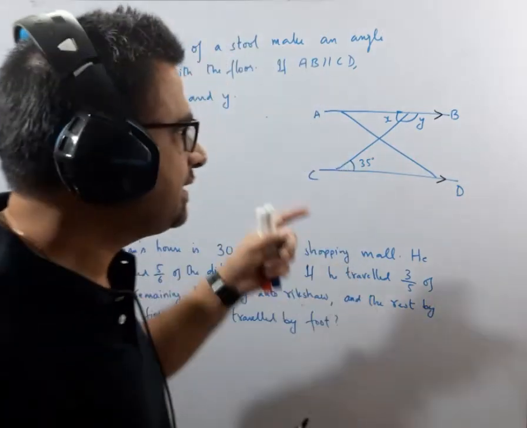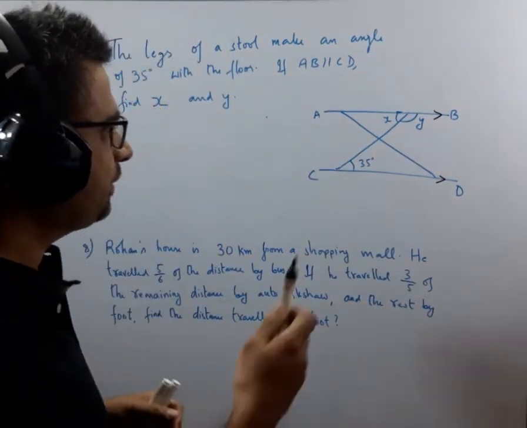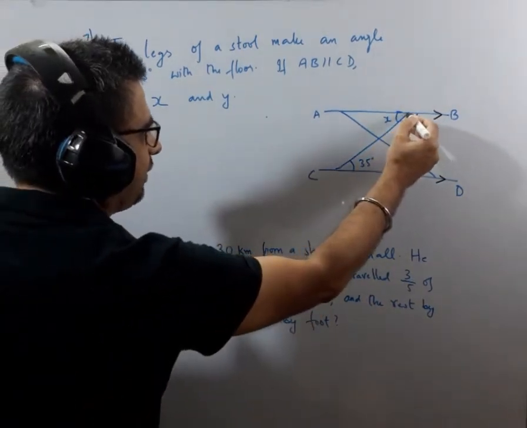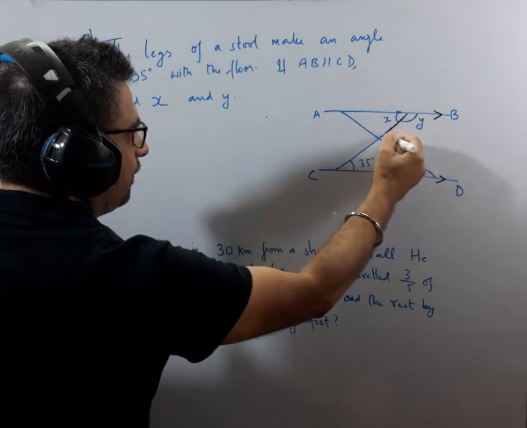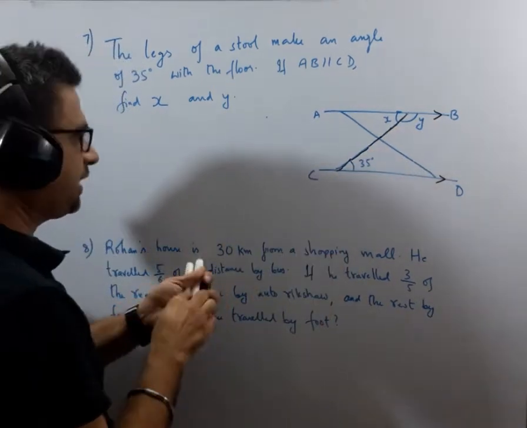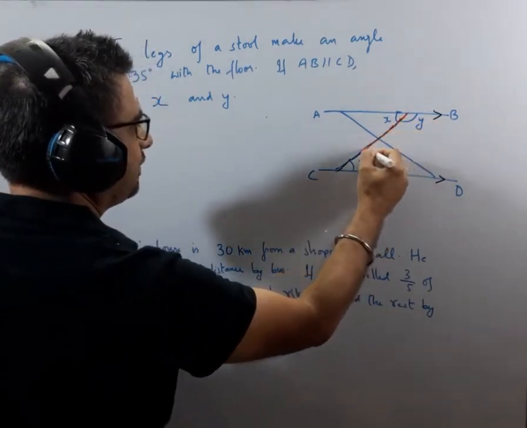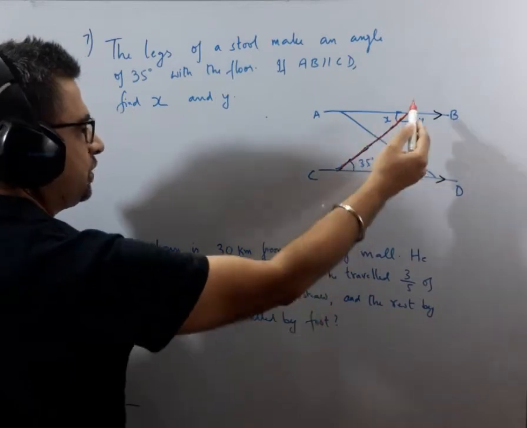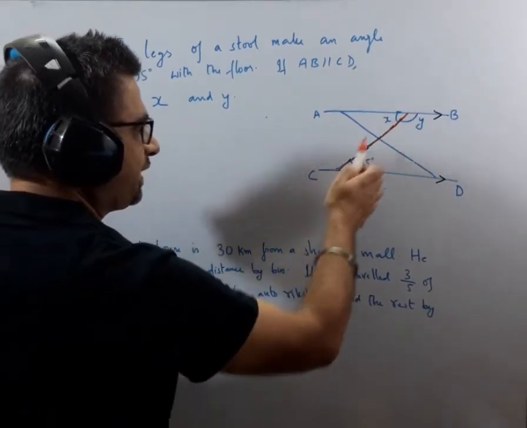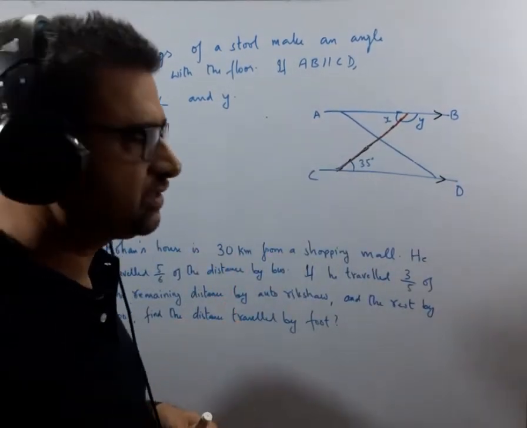Well, in this case, if AB and CD are parallel lines, you would appreciate that this line, the one that I am highlighting, let me highlight this with another marker. You would appreciate that this line, which cuts or intersects these two parallel lines, is called a transversal.